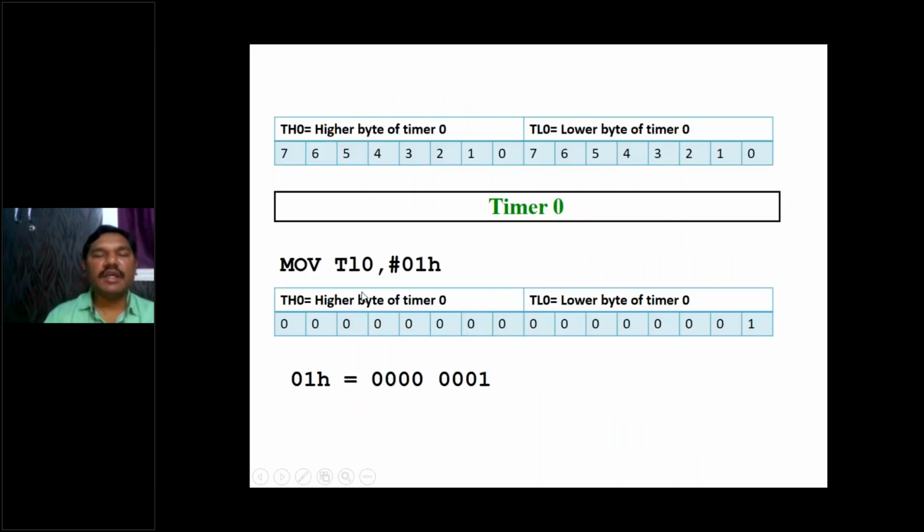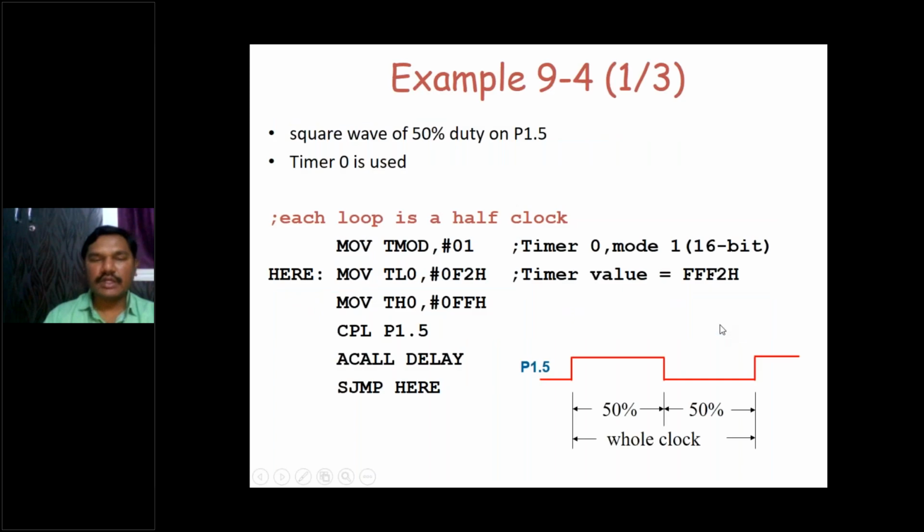What is the meaning of 01 here? It goes into TMOD. What is the operation of TMOD? TMOD has the lower nibble for timer 0 and the higher nibble for timer 1. In the lower nibble of TMOD, the last two bits are M1 and M0, so 0001 means you are operating in mode 1.